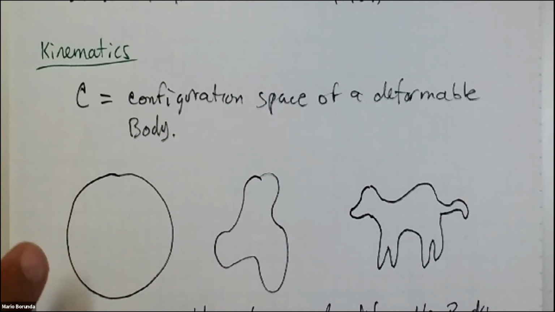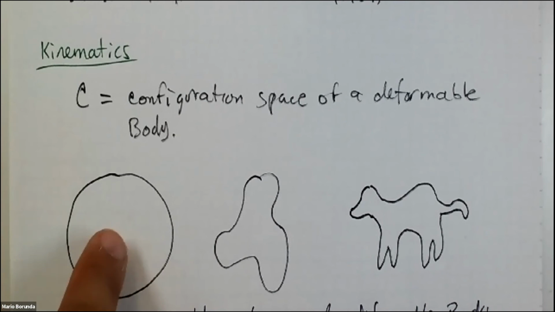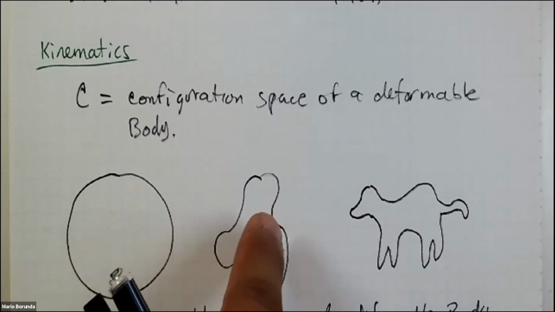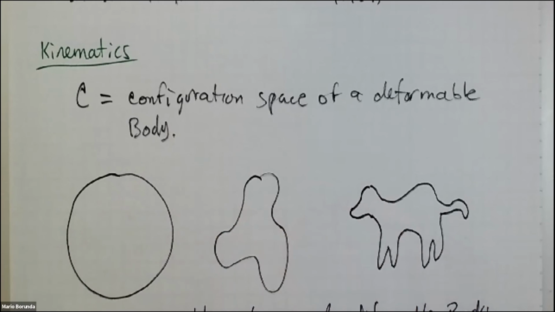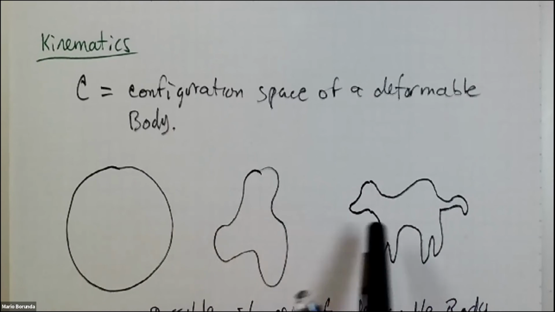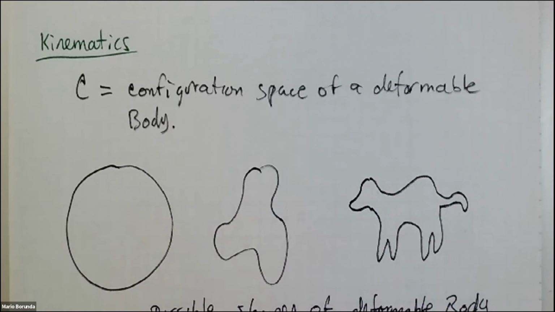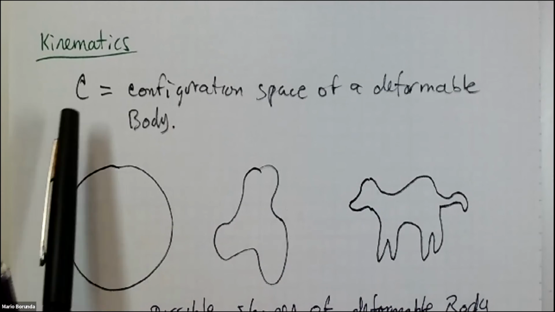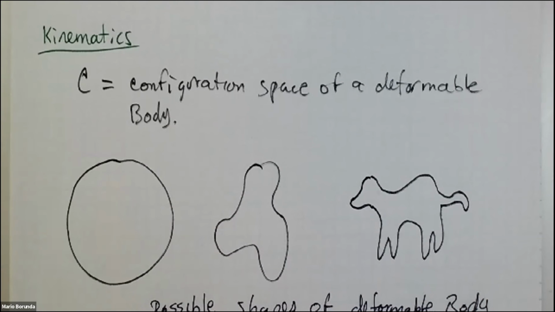So if we look at C, this configuration space wouldn't have translation, because translations don't really matter in this, right? What we do have is a center of mass, and the center of mass should be at the same point in those deformable bodies. This same deformable body can be deformed into these three things, with the center of mass at the same point in space. Now the configuration space C is all of the possible orientations and deformations that we can have.